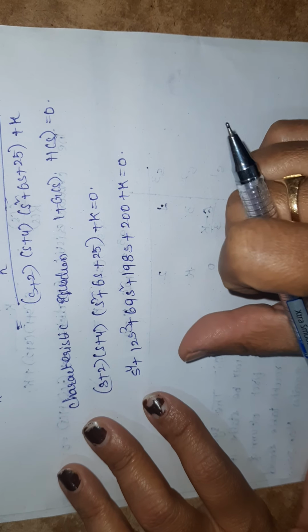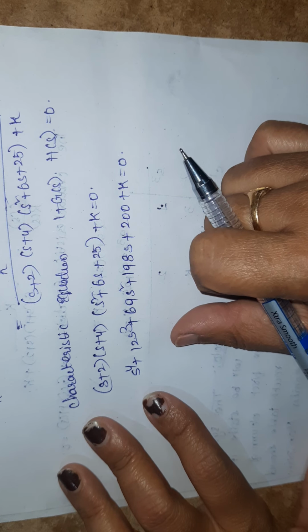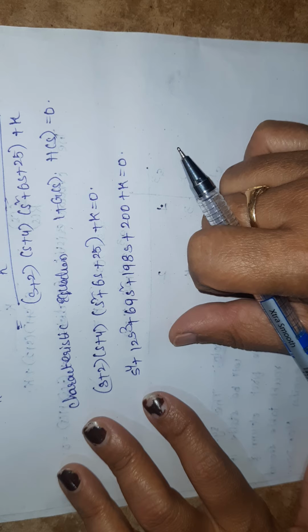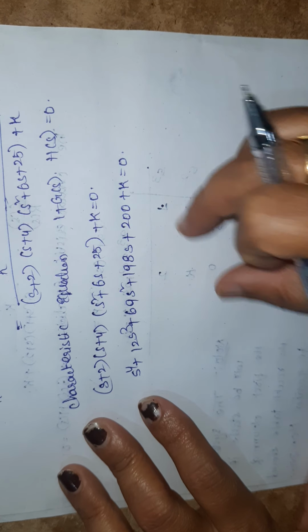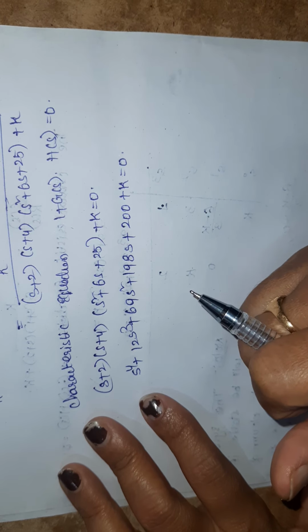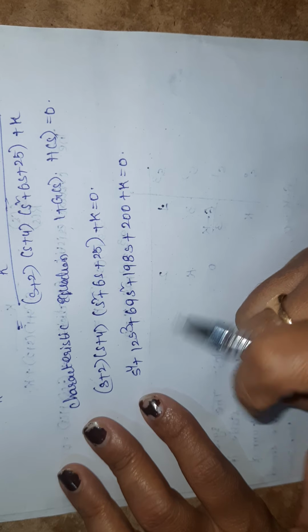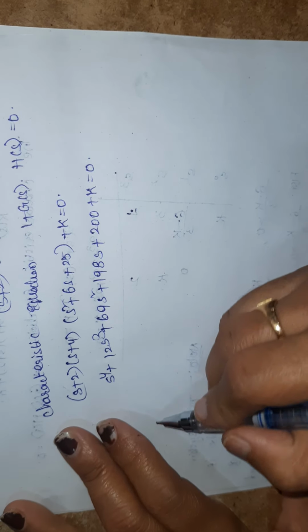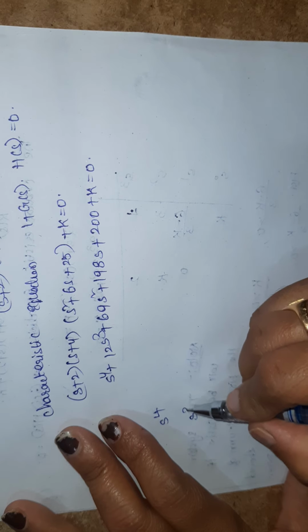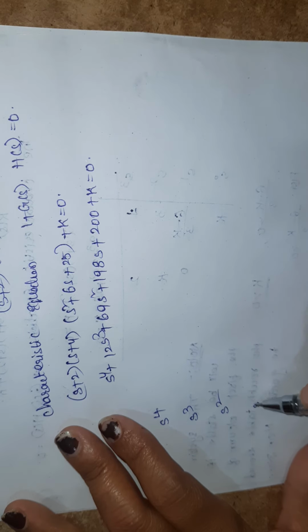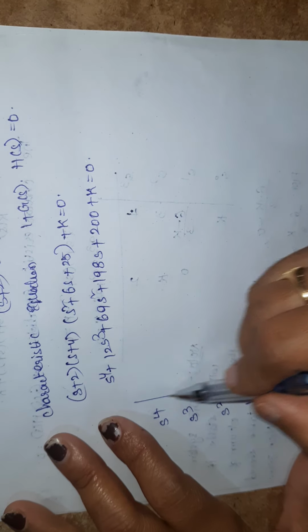Okay, so now the Routh array is constructed. We have to draw the table. So we have s4, s3, s2, s power 1 and s power 0.